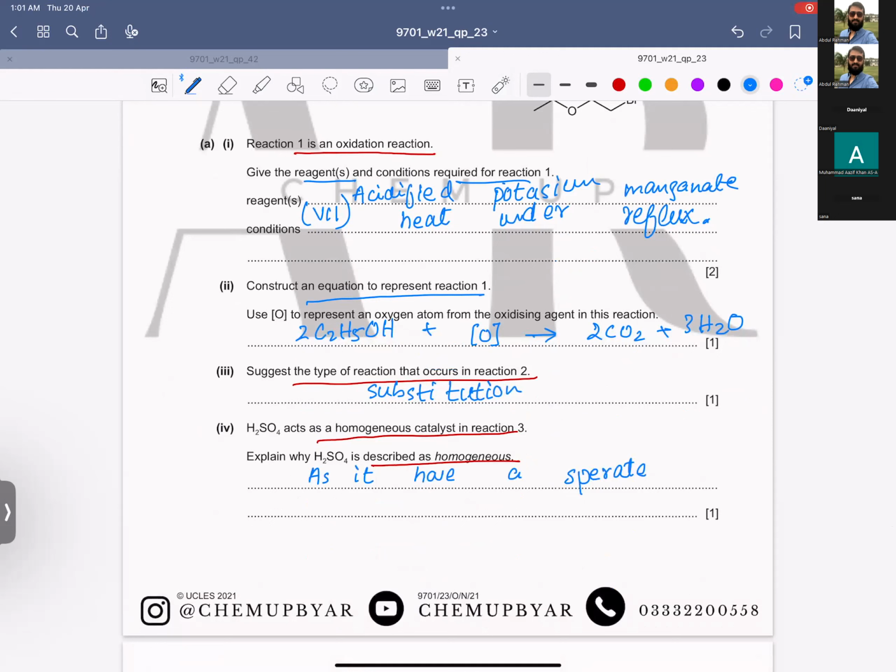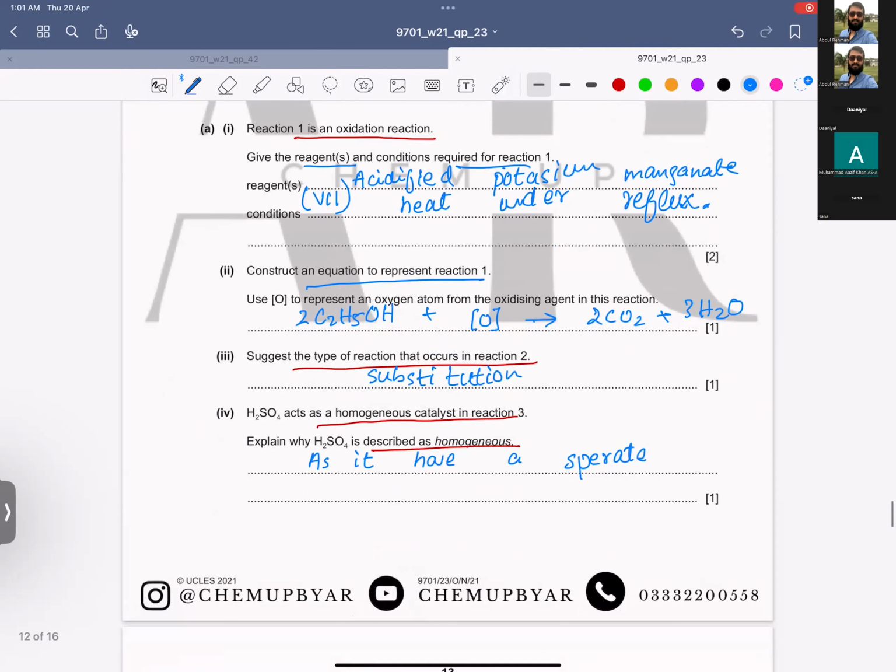If it's a homogeneous catalyst, it means it has the same state as the reactants. Is this clear?